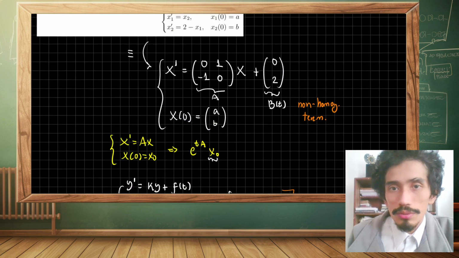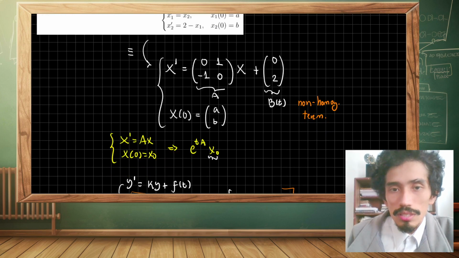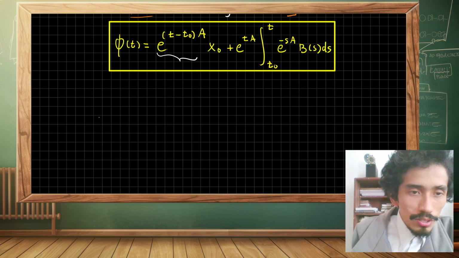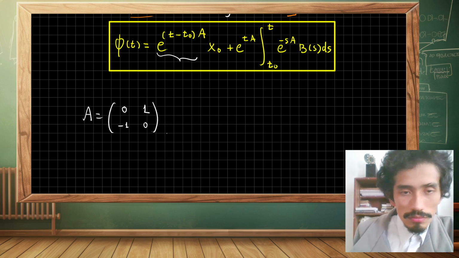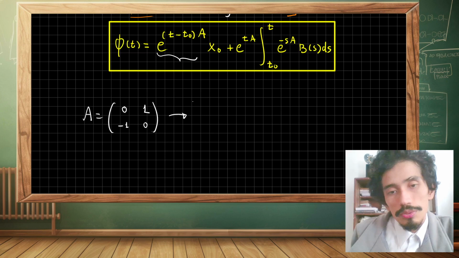So we will go with that solution. You know that the matrix A is this one. The first step is to calculate the eigenvalues.